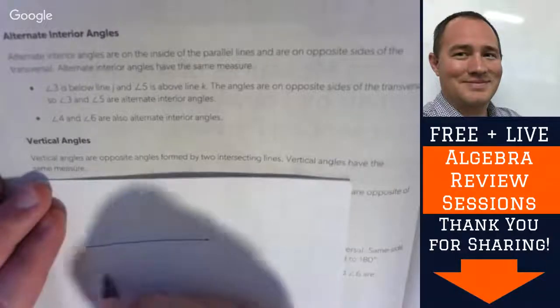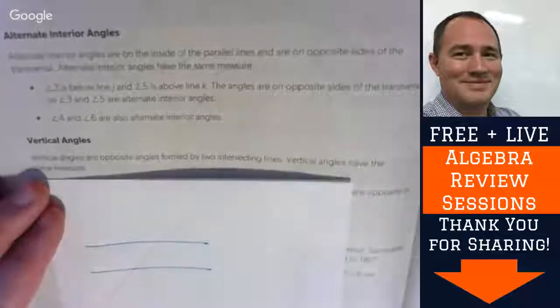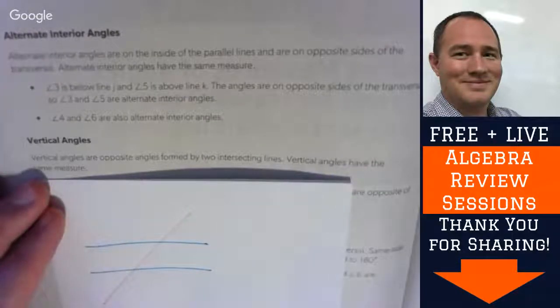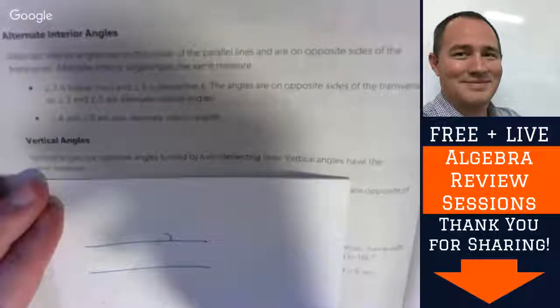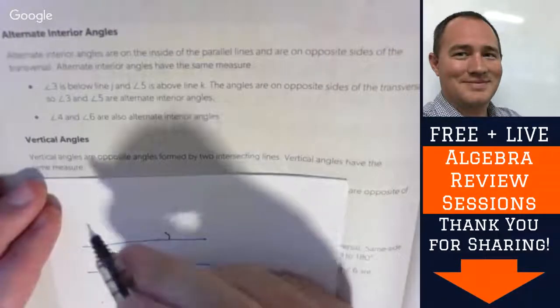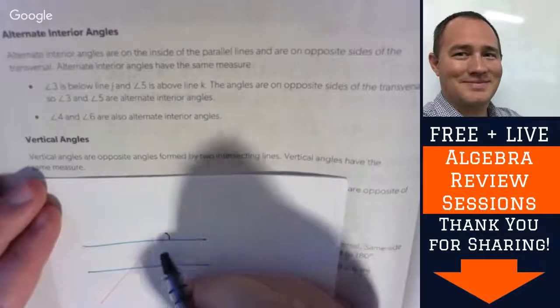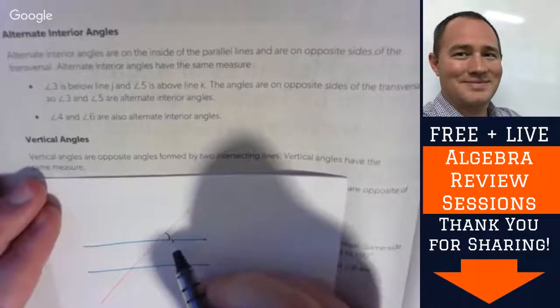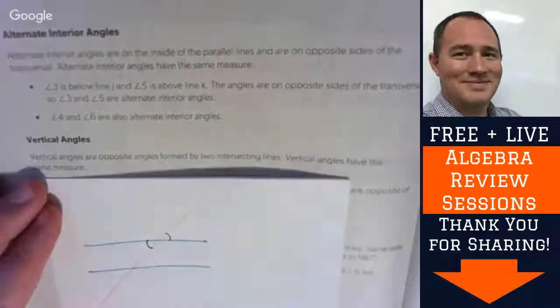So let's do our parallel lines, or at least close to parallel, right? And there's our transversal. Let's identify one of our angles. Let's say we're talking about this angle. If we're talking about vertical angles, what is this angle's buddy? What is the vertical angle from this angle? That's going to be sharing the same intersection, but opposite.